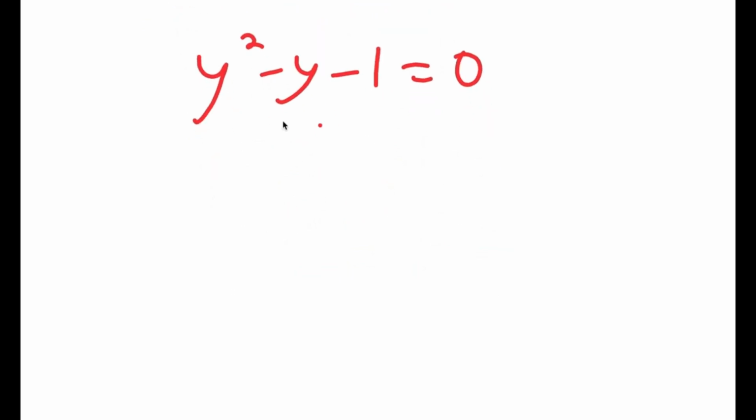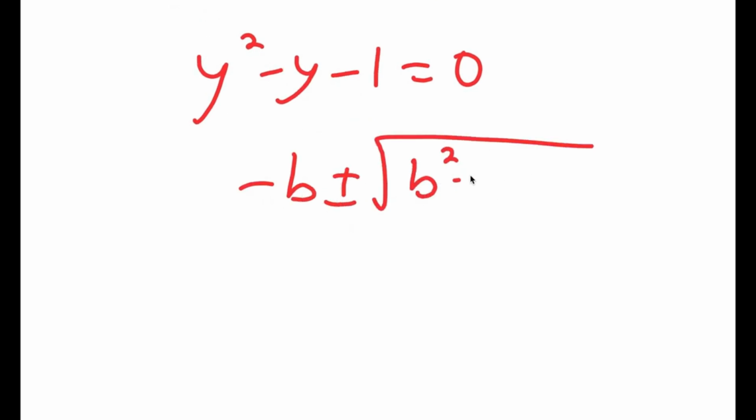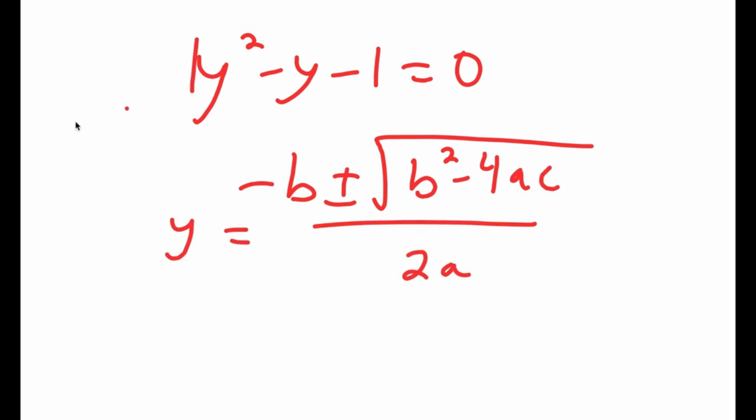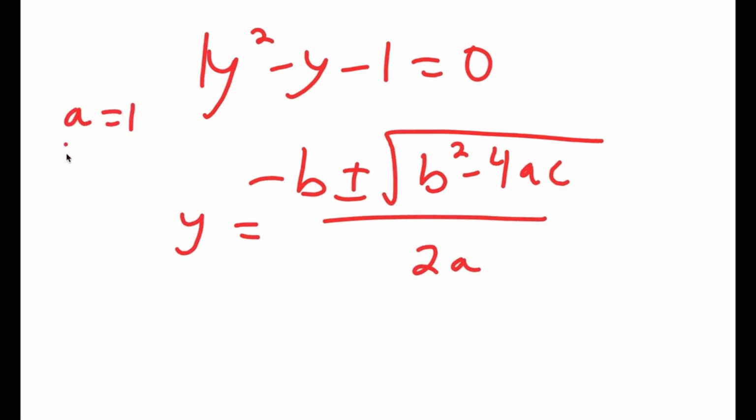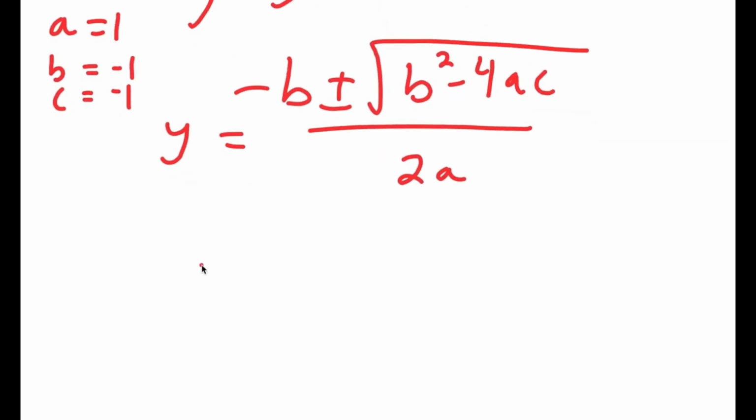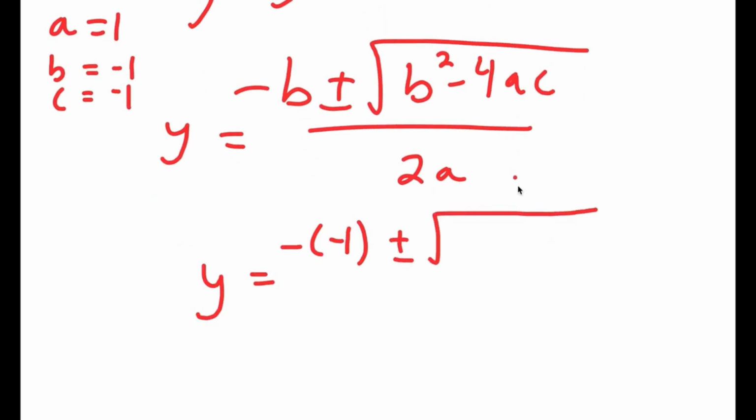Now, to solve this equation, I'm going to use the quadratic formula, which is negative b plus or minus the square root of b squared minus 4ac all over 2a. So in this case, a is 1, b is negative 1, and c is negative 1. So I get y is equal to negative of negative 1 plus or minus the square root of b squared minus 4ac.